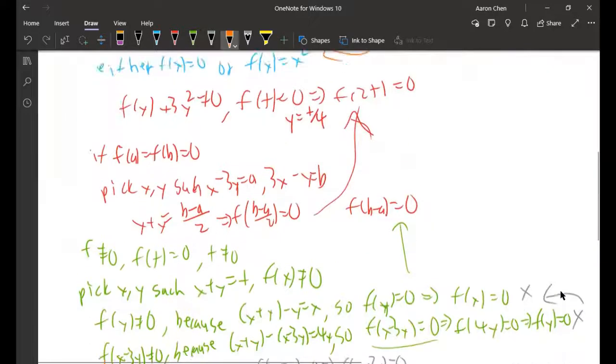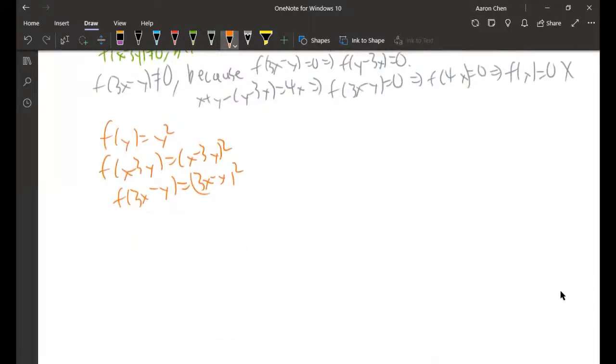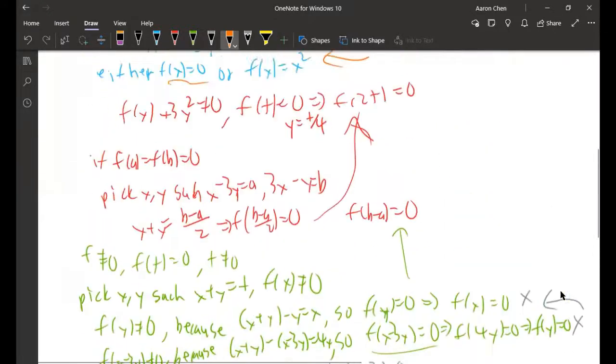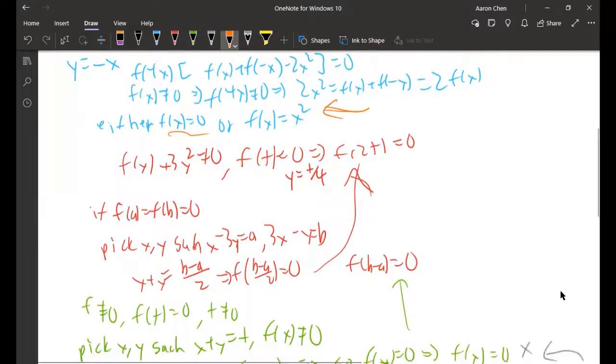And we will also assume that this is not true. And so the way this works, because we've already shown that this works for all reals, but we still don't know if these are all possible functions f.